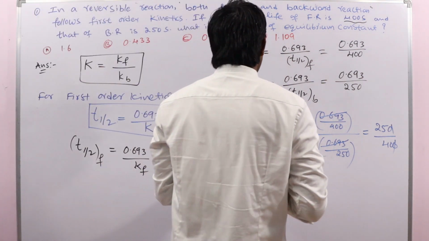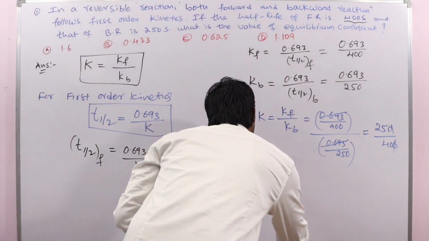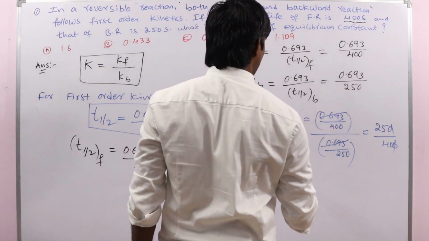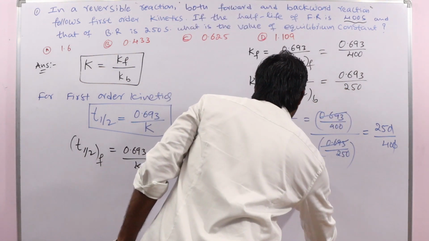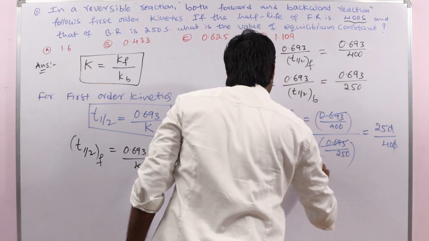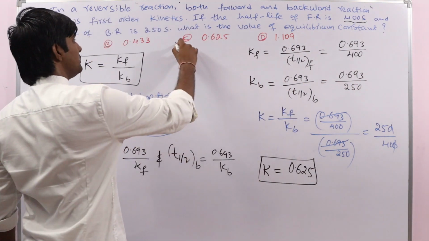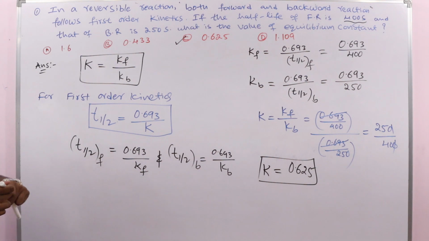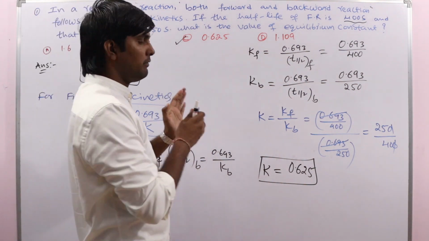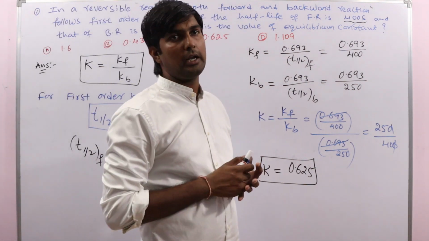So the final answer, after simplification, the equilibrium constant K is equal to 0.625. So what is the option? Option C is the answer. Clear? This is very important and very easy also.